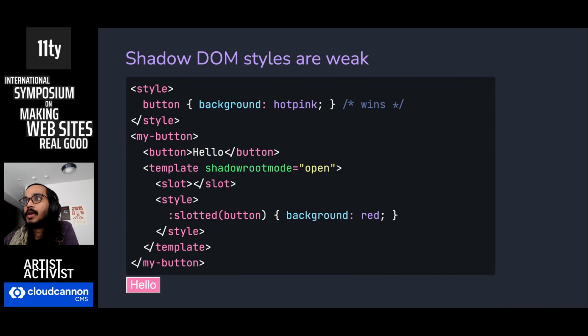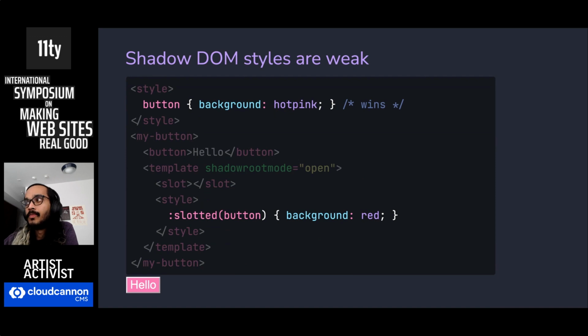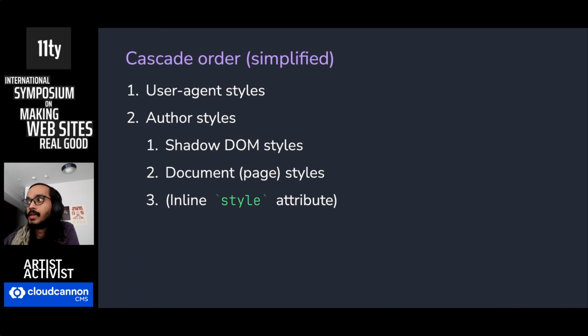So if you have a My Button component which slots a regular button, and you style this button both from inside and outside Shadow DOM, the outside styles will win. So the overall cascade order so far goes something like the user agent styles, the author styles, and within the author styles, the Shadow DOM styles, and then the rest of the page styles. There's also the inline style attribute, which comes after all of these, but that's not really part of the cascade.